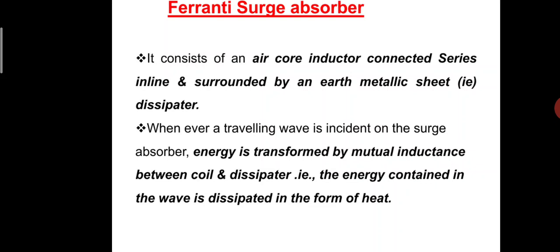Whenever a traveling wave is incident on the surge absorber, energy is transferred by mutual inductance between the coil and the dissipator. The energy contained in the wave is dissipated in the form of heat.